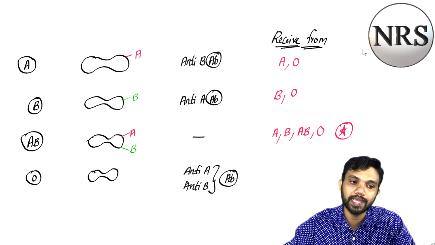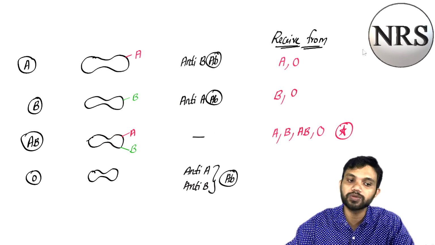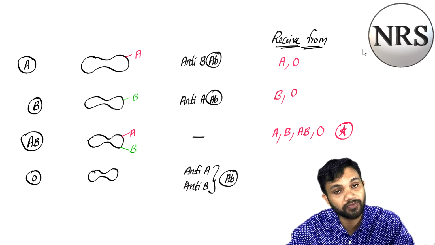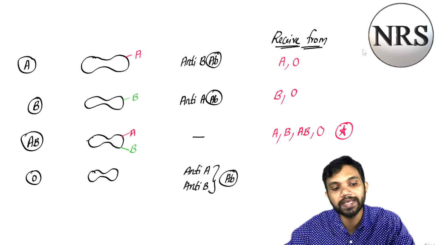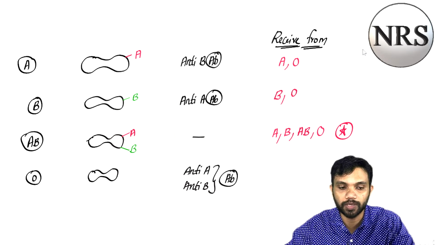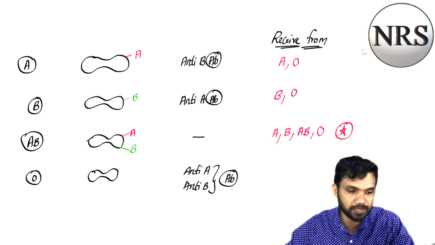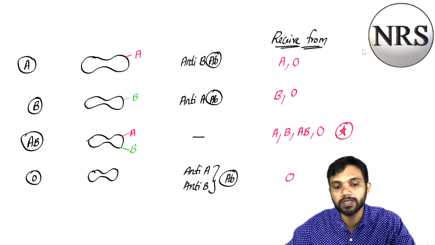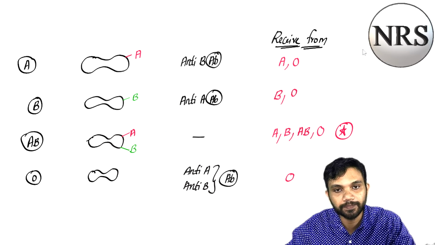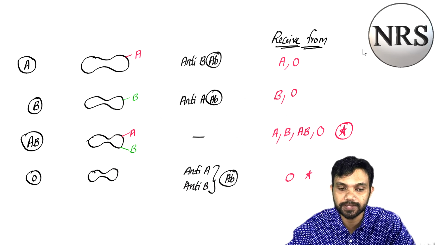So he cannot receive from A, B, or AB. He can receive only from O, because O will not have any antigen, so he can receive only from his own blood group. So they are the unluckiest persons.